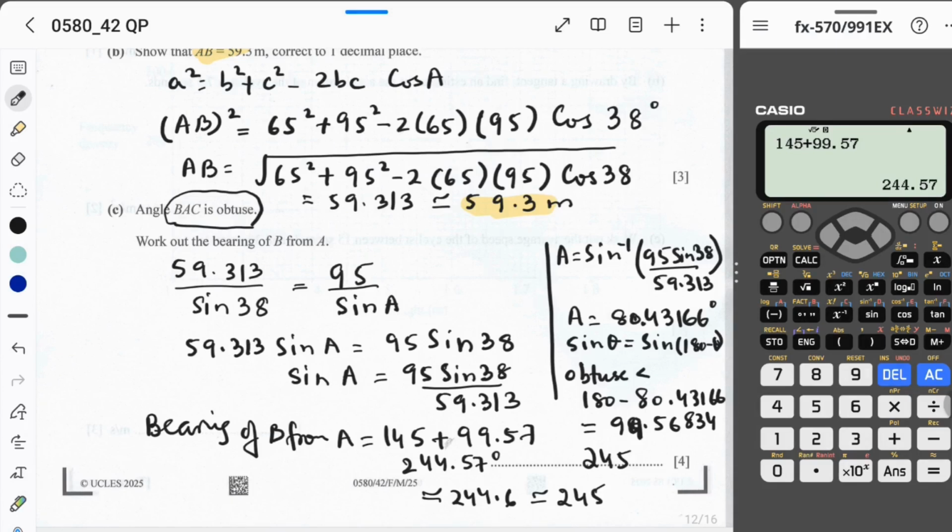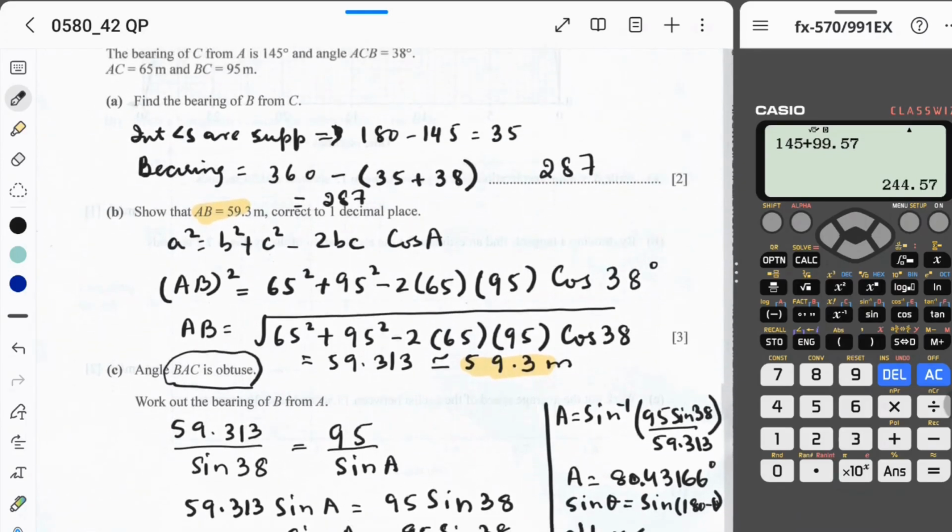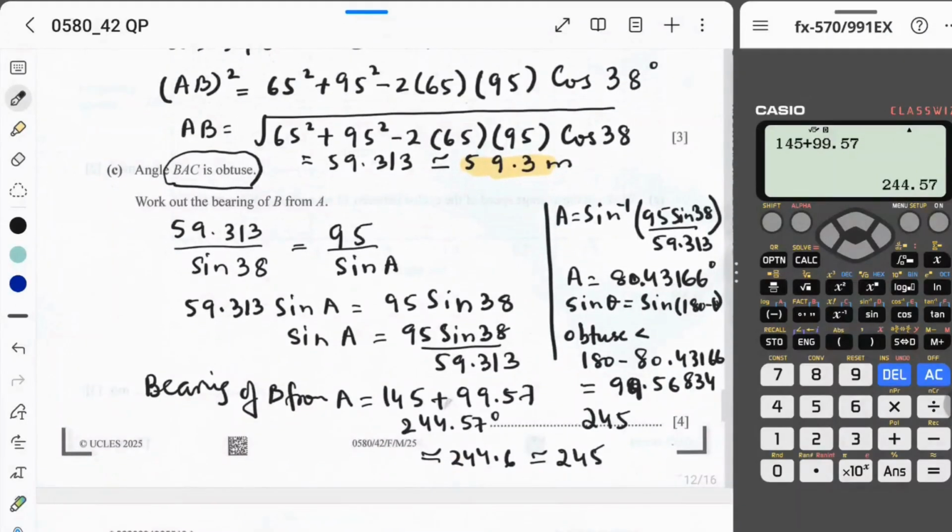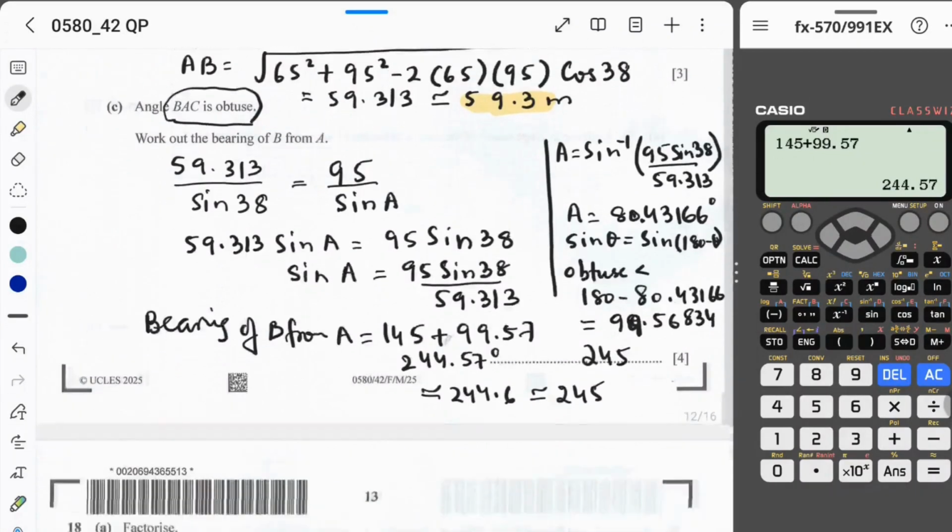So here we use the sine rule. You can even use the cosine rule to find this angle and add with 145 to find the final answer. I hope you understood this question. That was of 4 marks and has three parts, 2, 3 and 4. So lots of marks are there, and you can see it was not difficult.